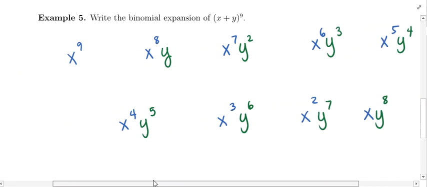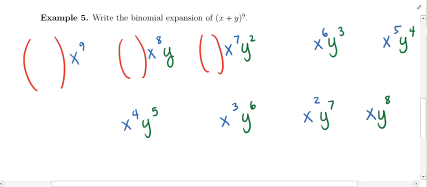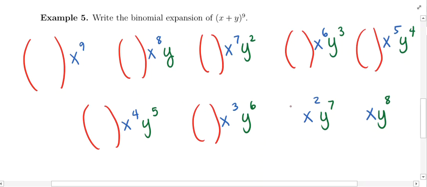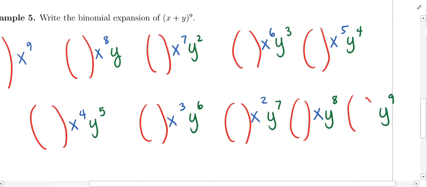Then we're going to come back and put our binomial coefficients. Each of these guys will have a 9 in the top.